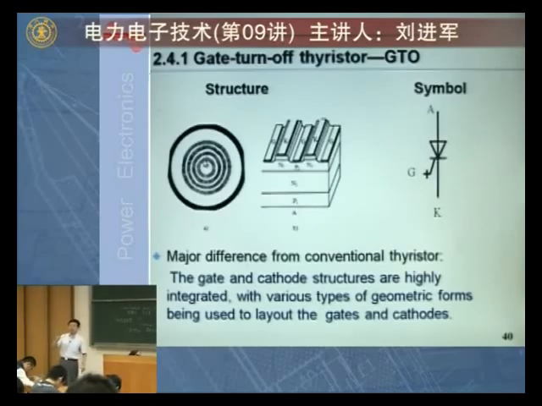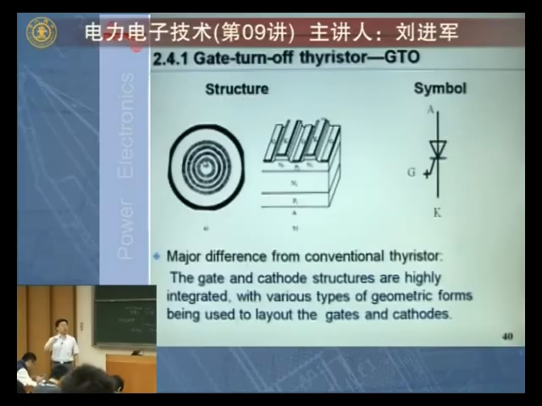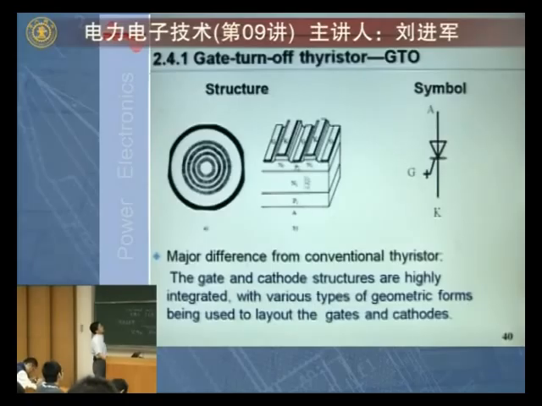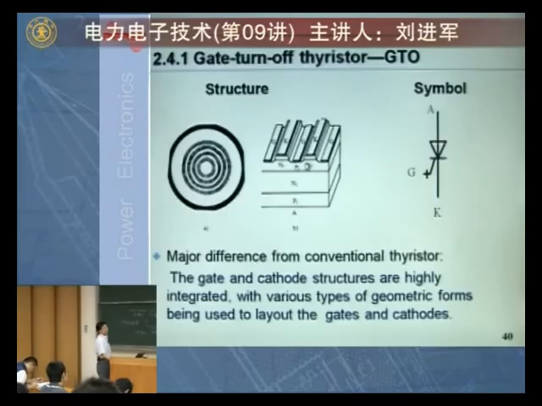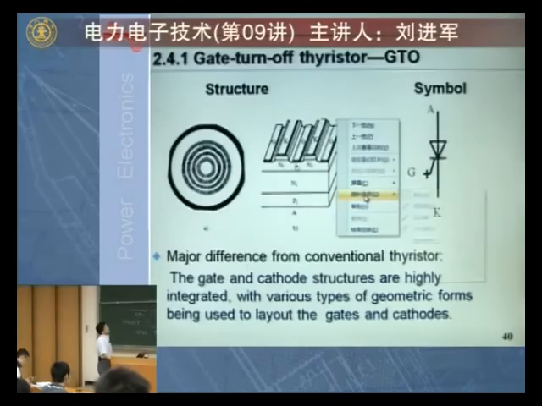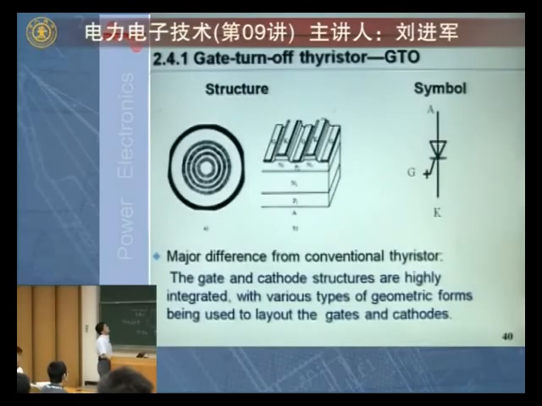And each of these cells has the same structure, same 4-layer structure. Each of the cells is looking like this. 4-layer, 1, 2, 3, 4, 4-layer device. And you can consider this is one cell.